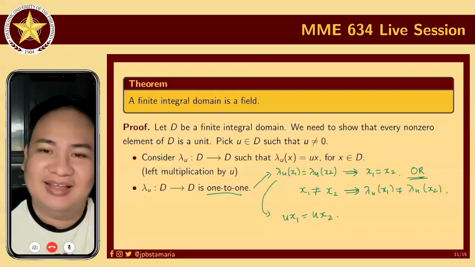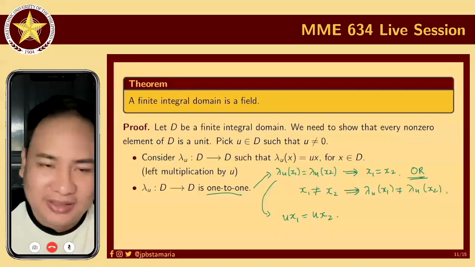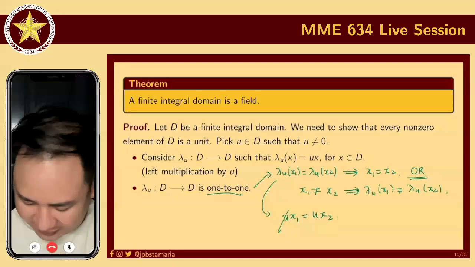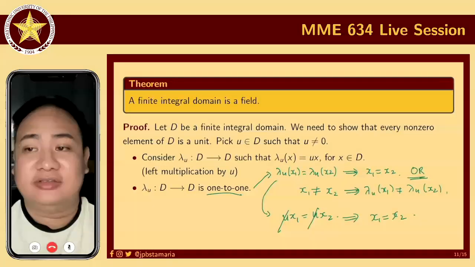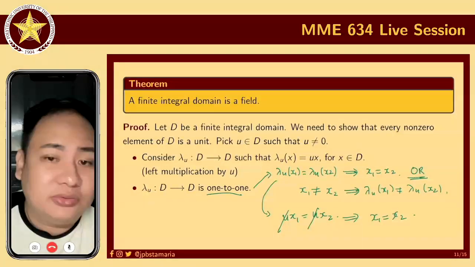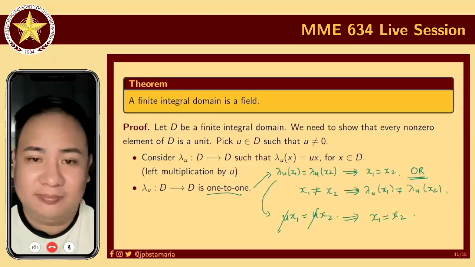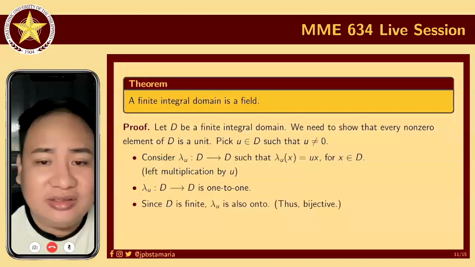We are in an integral domain, therefore we can cancel and conclude really that x1 is equal to x2. This is why lambda u should be 1 to 1. Naintindihan nyo? Eh ngayon, kung 1 to 1 to, walang nauulit sa mga images. Magka-follow ngayon na si lambda u ay bijective na.